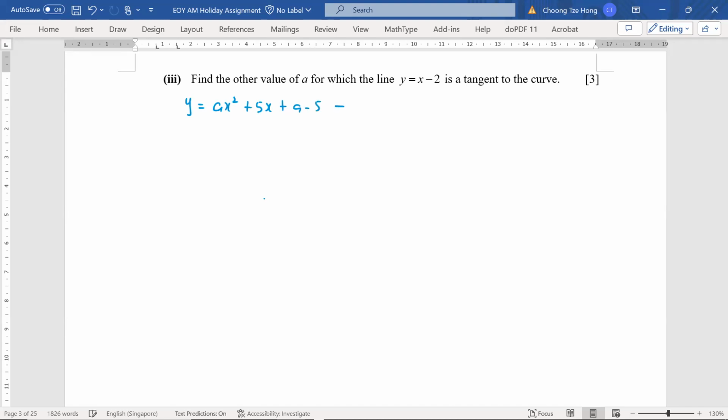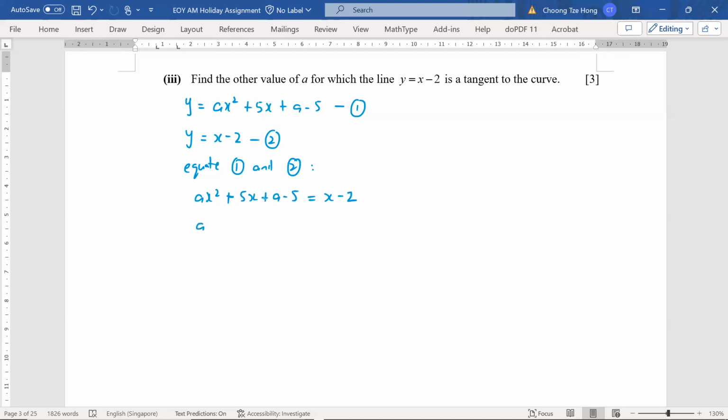Let's call this equation 1, and the equation of the line will be equation 2. So let's equate 1 and 2. We have ax squared plus 5x plus a minus 5 equals x minus 2.